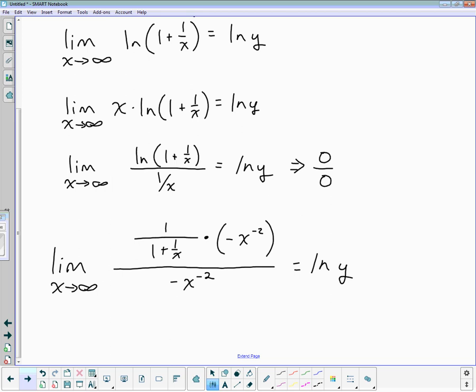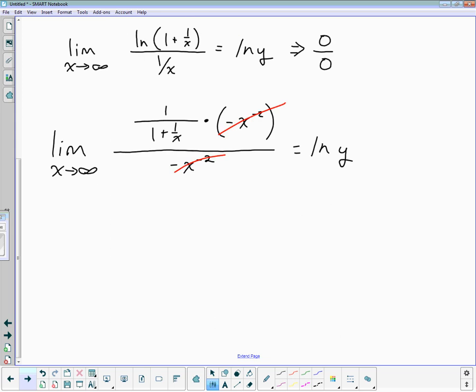And you can begin to see that things cancel out. And we get one. And now undoing the natural log.